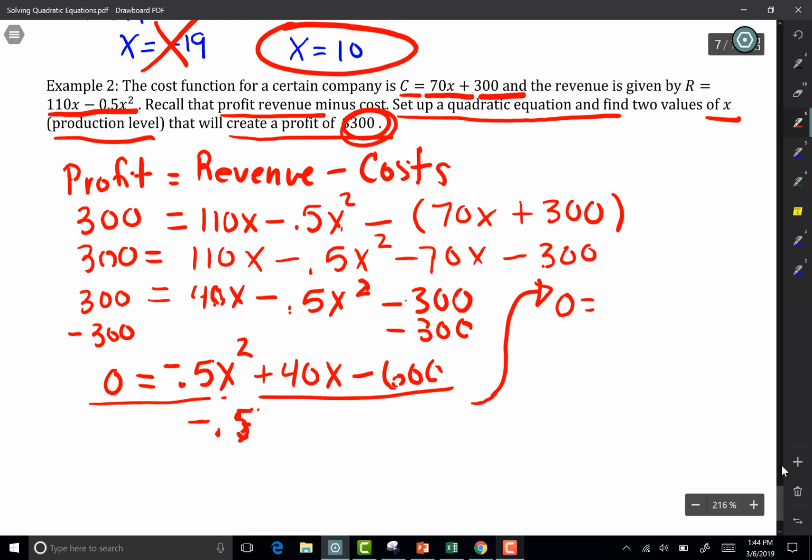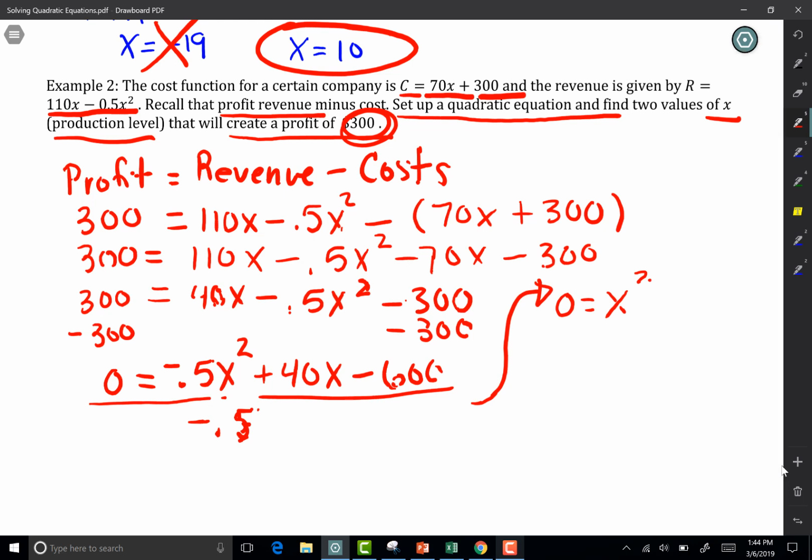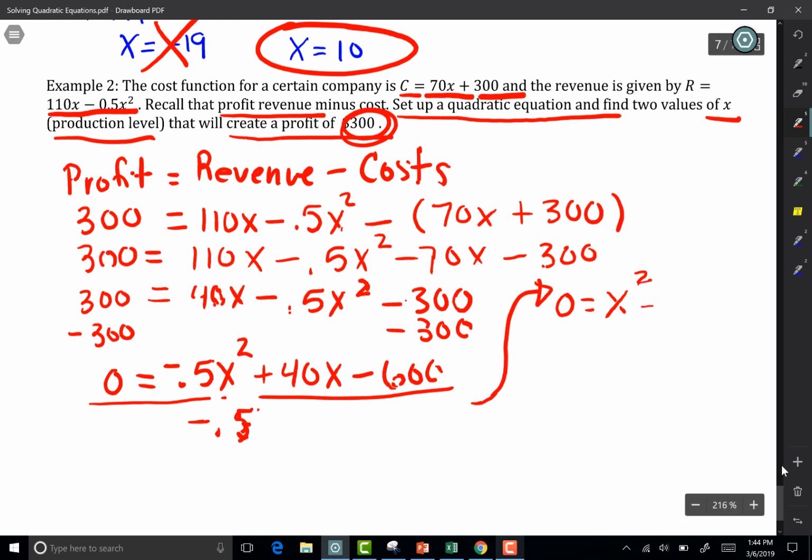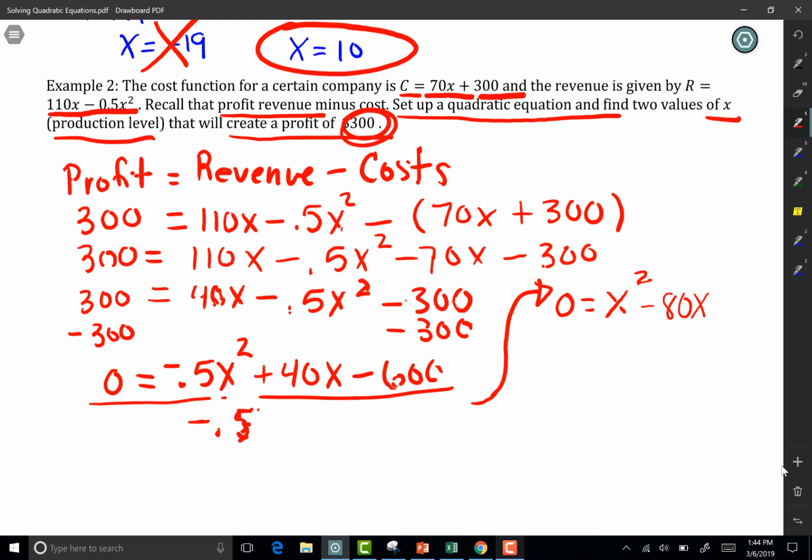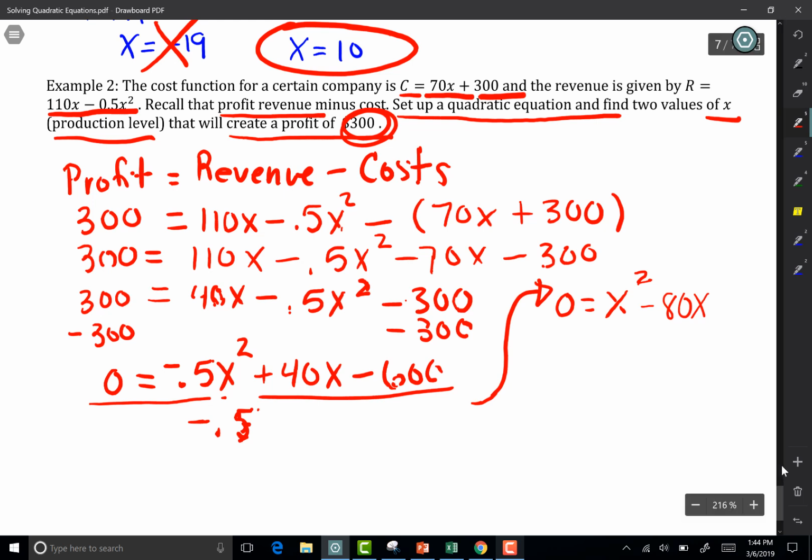Negative 0.5 divided by negative 0.5 is 1, and I'm left with just x squared. If I take 40 divided by negative 0.5, I'm going to get a negative 80, and that gives me x. And then if I take 600 divided by 0.5, that's going to give me a 1200, which would be positive because I have a negative divided by a negative.